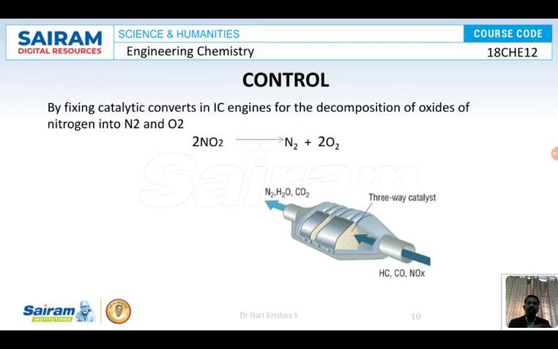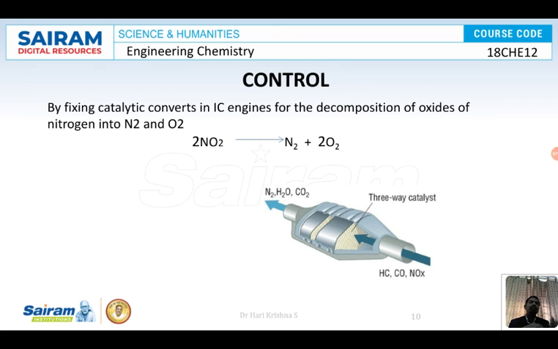So how to prevent it? Once again, one of the major anthropogenic sources is automobiles, right? So for the exhaust of automobiles, you fit a catalytic converter. When you fit the catalytic converter to the exhaust, the oxides of nitrogen enter into the catalytic converter and come out as nitrogen and oxygen. To a certain extent, this catalytic converter will prevent the pollution of oxides of nitrogen.